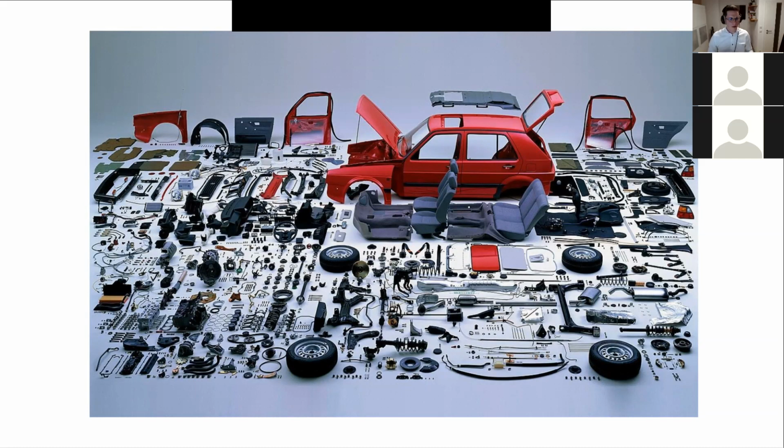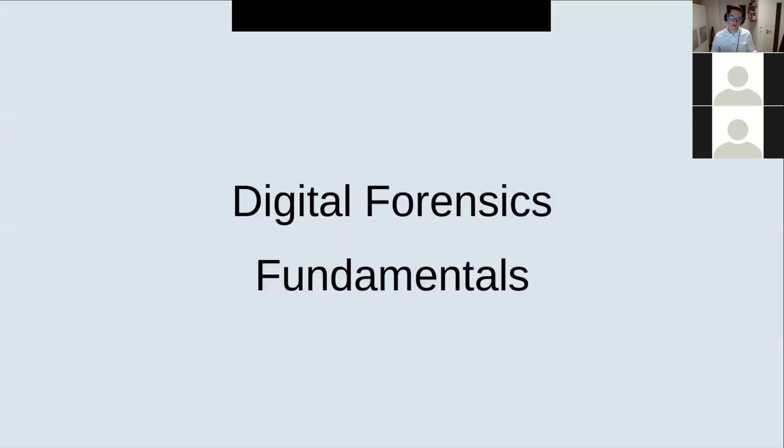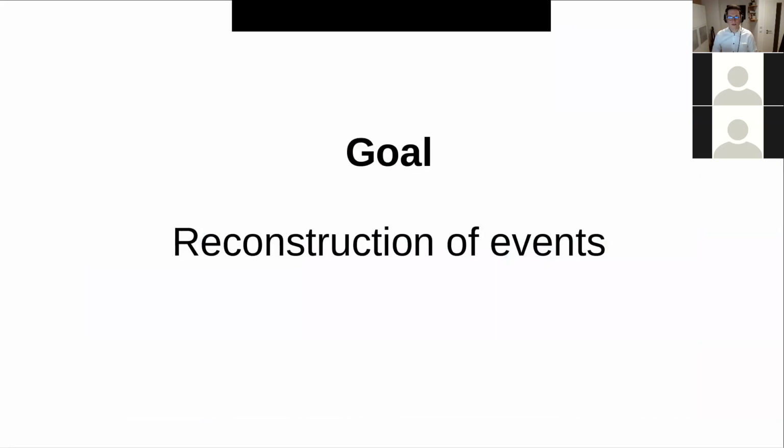So right now we know a lot of stuff, or some fundamentals at least, about automotive systems. But to actually solve a case in the context or the domain of automotive digital forensics, we also need some digital forensic fundamentals, right? So the general goal of digital forensics is basically reconstruction of events.